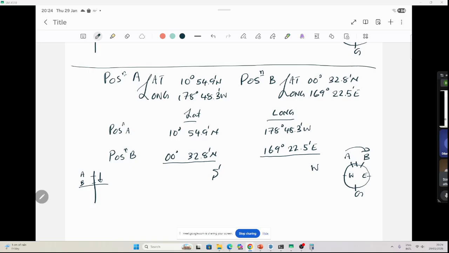So it is westerly. If you do it like this, you will not make any mistakes as long as you draw the diagrams. In any sum, try to draw the diagrams, right? That is the best way to identify where you are going. So in this case, it's a simple subtraction for the latitude.